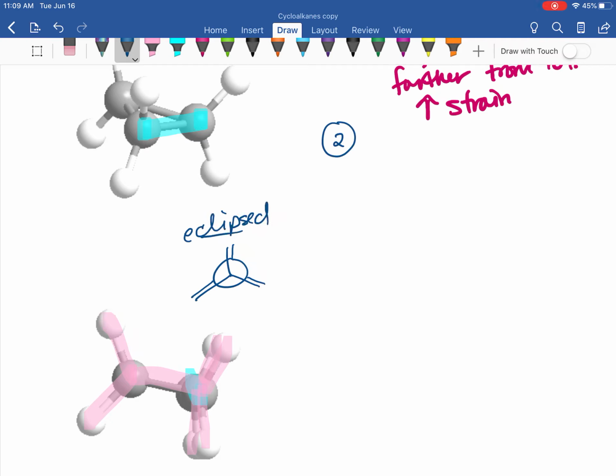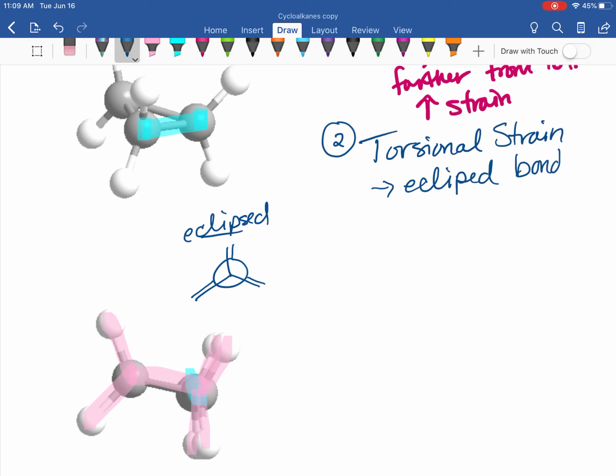Completely eclipsed. This is our second strain. This is called torsional strain. This is literally eclipsed bonds. And in the case of our cyclopropane, holy crap, they are all eclipsed.